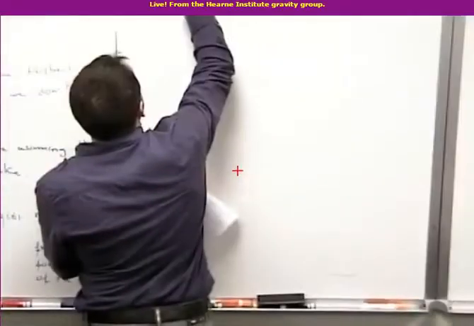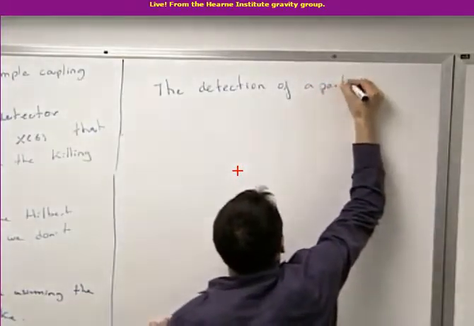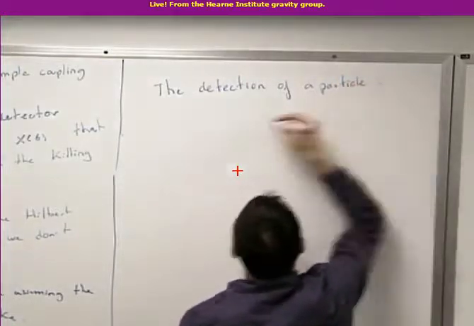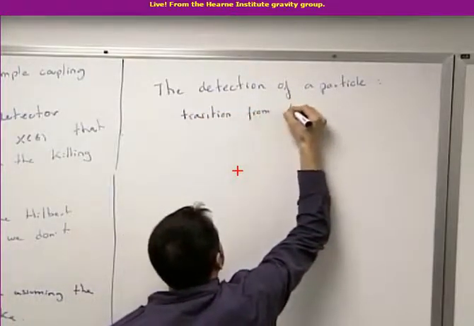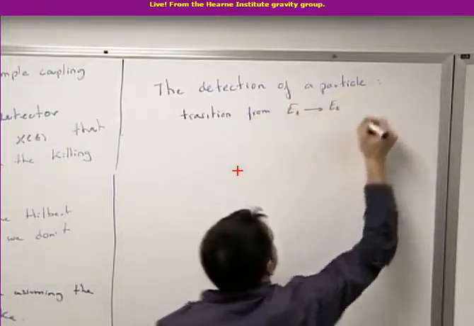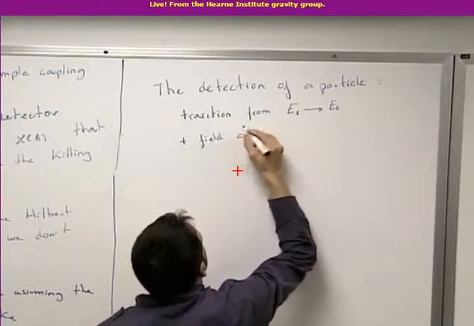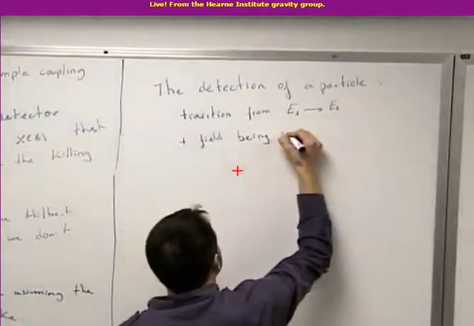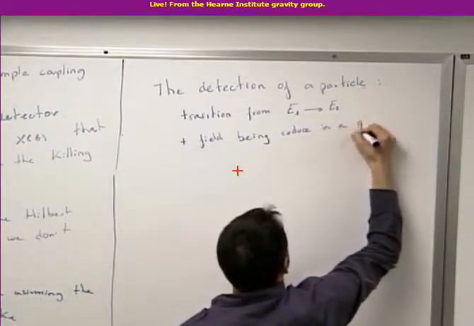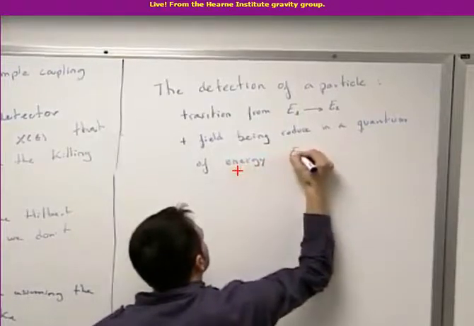Now that we have this simple model for a detector, the detection of a particle will be a transition from E1 to E2 plus the field changes, the field being reduced in a quantum of energy E2 minus E1.